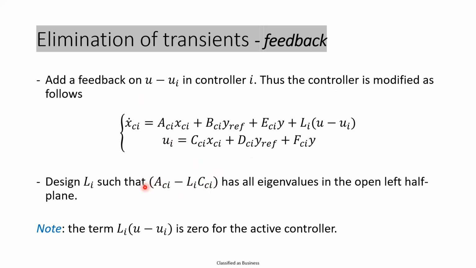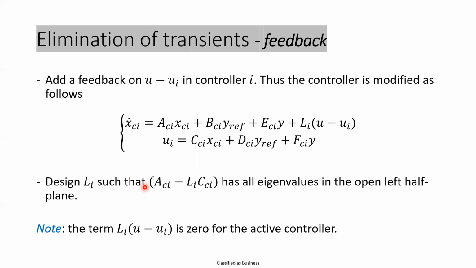Why do we need to do that? Because we want the non-active controller to be stable. We want to avoid the states of the non-active controller diverging, because if we make sure the non-active controller is stable, then we can say that the states are limited. They don't diverge, they don't explode. Because in principle, they can diverge.